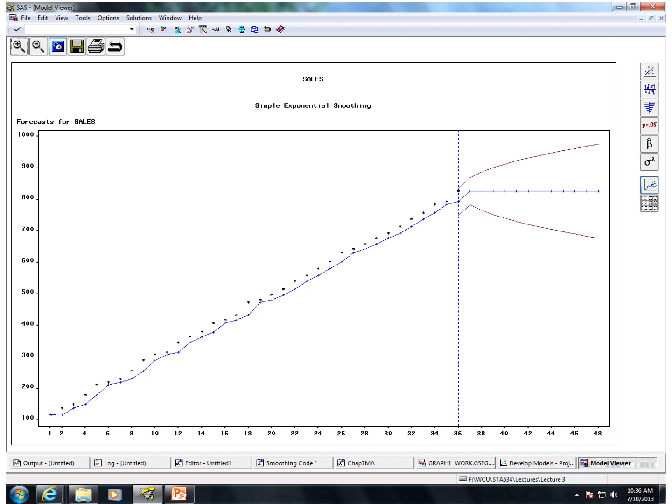Every time SAS catches that fact, it says, okay, I'm going to go straight, and whoops, I should have gone up, so now I'm going to move up. That's pretty cool, and it's the fact that exponential smoothing allows this level to keep changing.